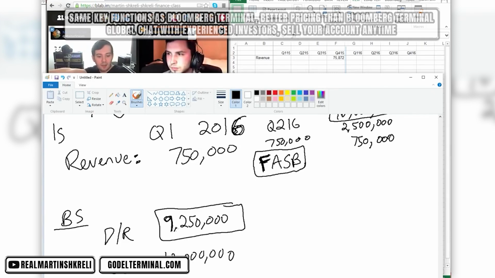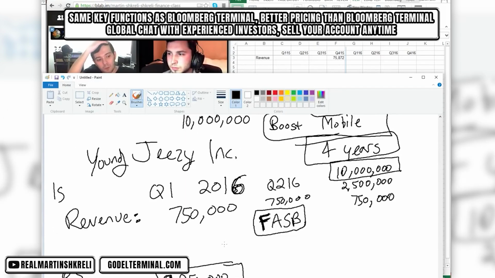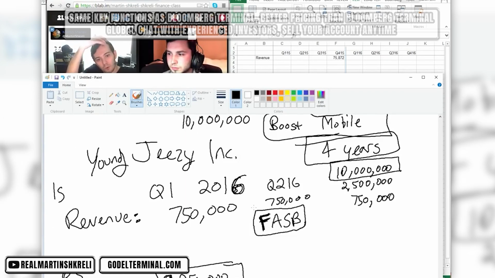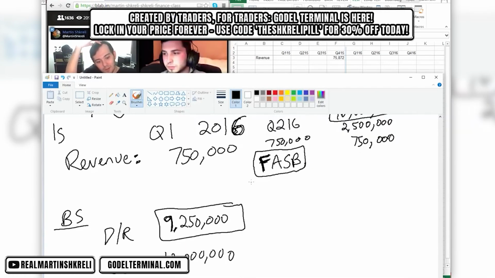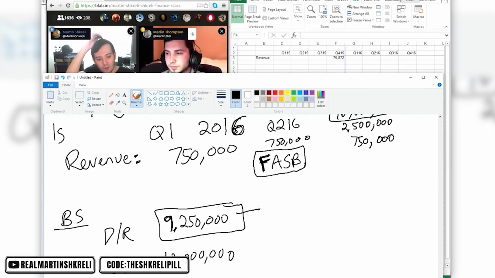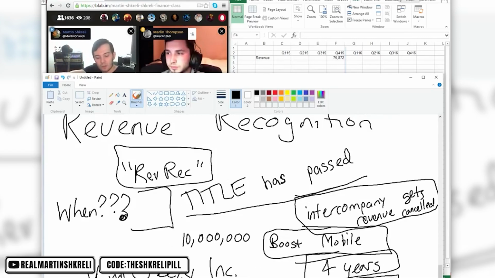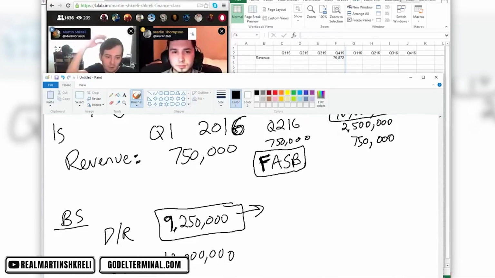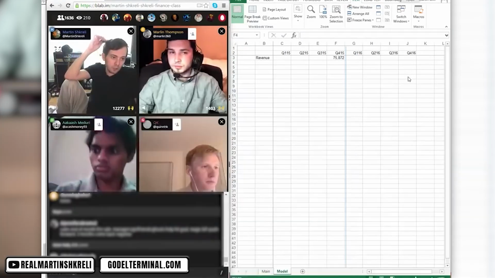You can bet that if he stops rapping about Boost Mobile 1 quarter into his 4-quarter deal, Boost Mobile will sue him. So he's got to carry that deferred revenue and write it off every quarter for the next 15 quarters. Anyway, that's how revenue recognition can be pretty tricky.